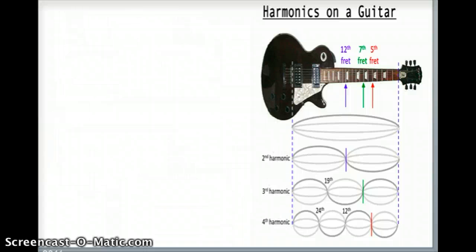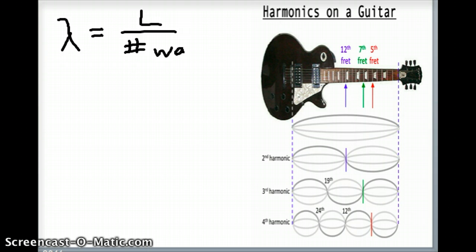So let me clear this out so we can see this equation again. We just calculated the wavelength. So the wavelength we know is 0.26 meters. The length of the guitar in meters is 0.65.